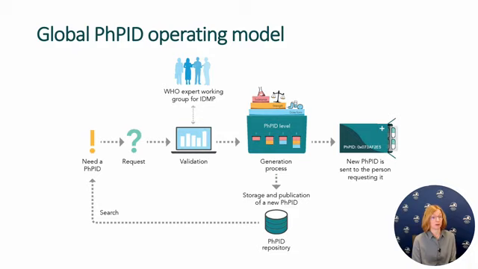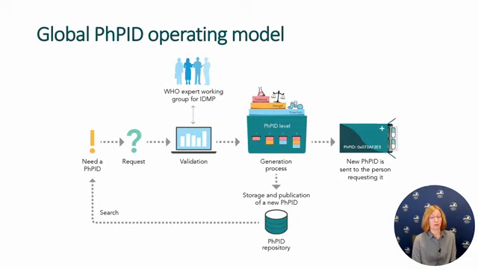And if no PhPID is found, a request is made for a new identifier. The pharmaceutical product information is then validated according to the business rules using relevant data from local registries and market authorization holders. If the validation rules cannot be applied, UMC will consult with the WHO International Expert Working Group.